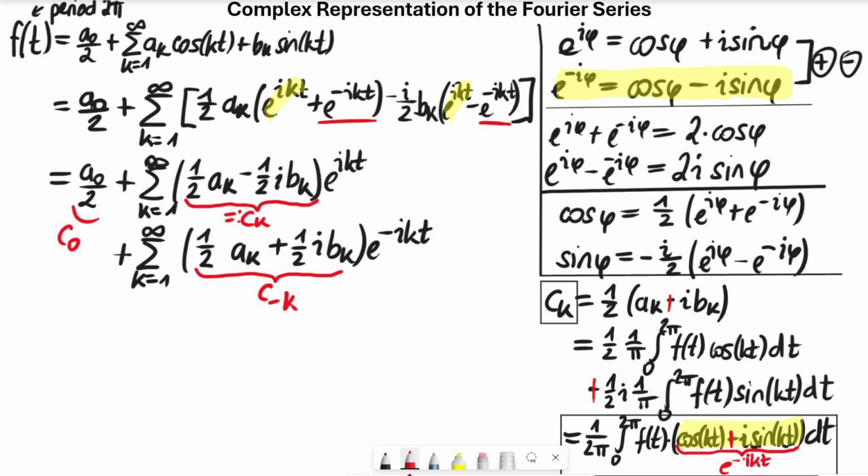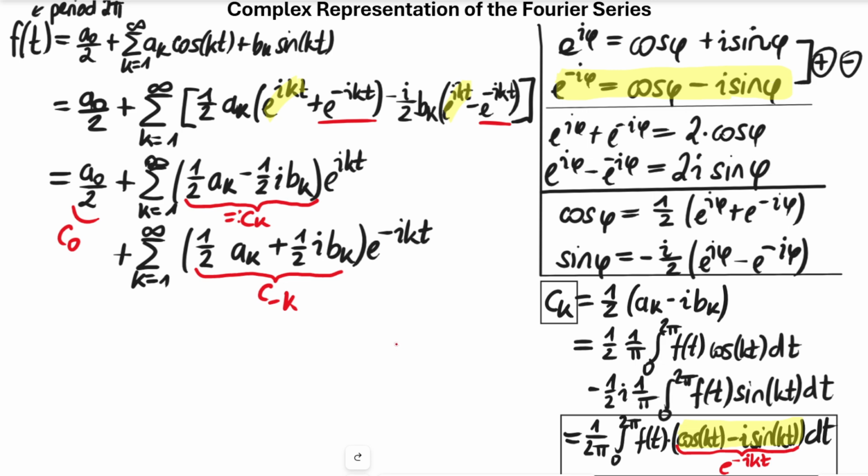Here there is a plus. And then you have e power plus ikt. So this means it's actually the same as the previous formula, but you use here a minus k. So you essentially get the same formula just with k replaced by minus k. In other words, this is simply c minus k. So I remove the minus once again.